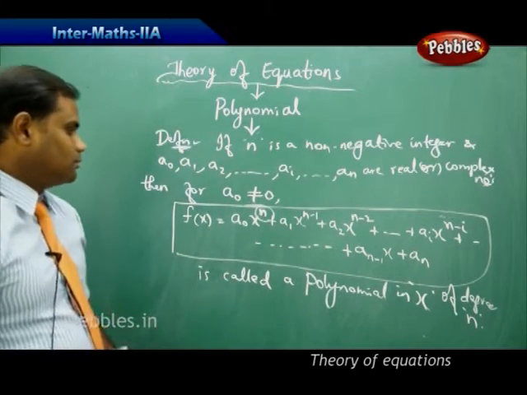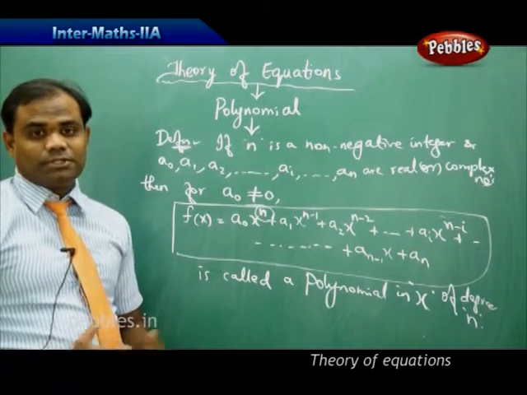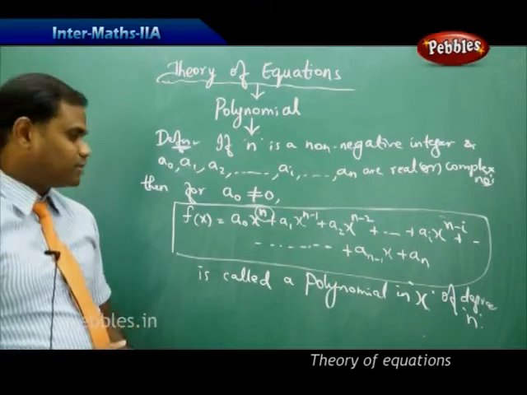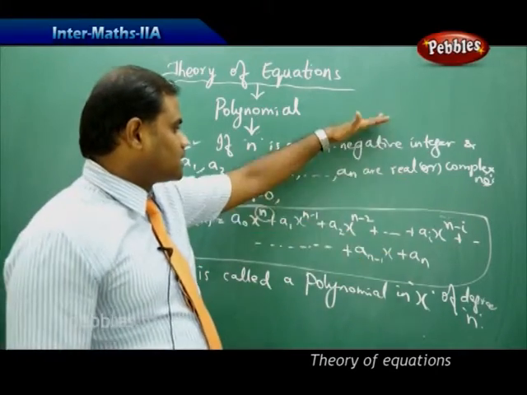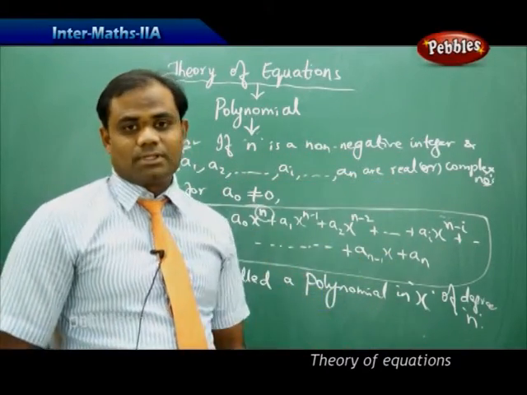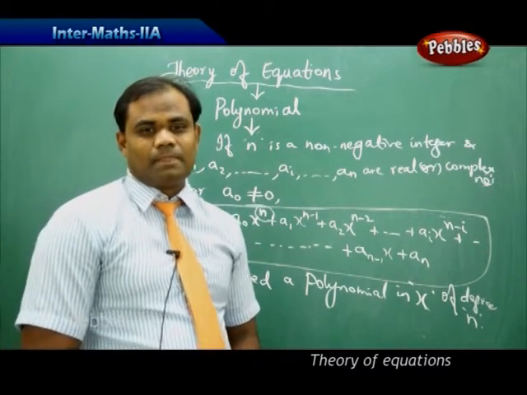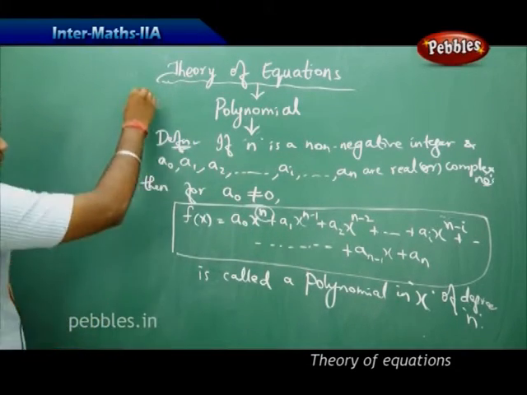This is how we define a polynomial in the general sense. Any expression which can be written in this form and satisfying each of these properties is called a polynomial. Let's see some contents here.